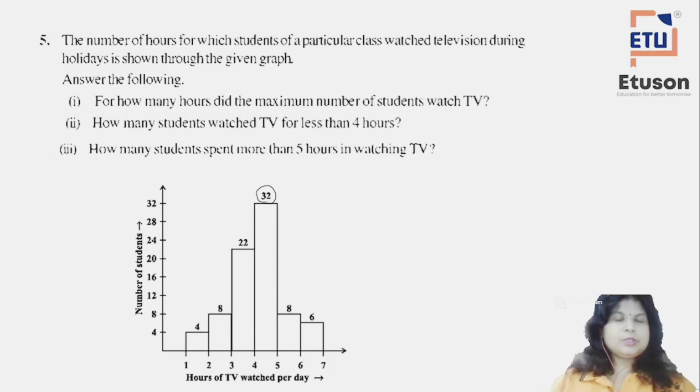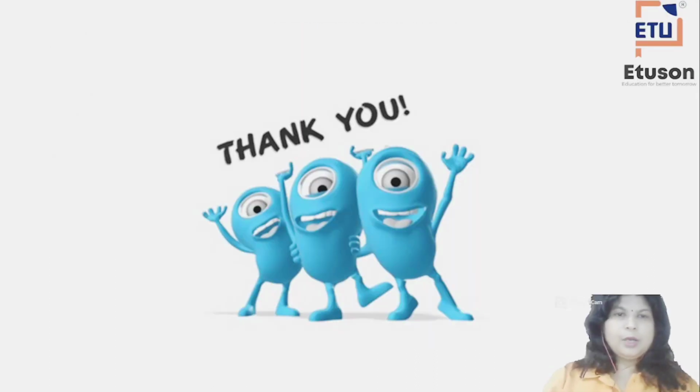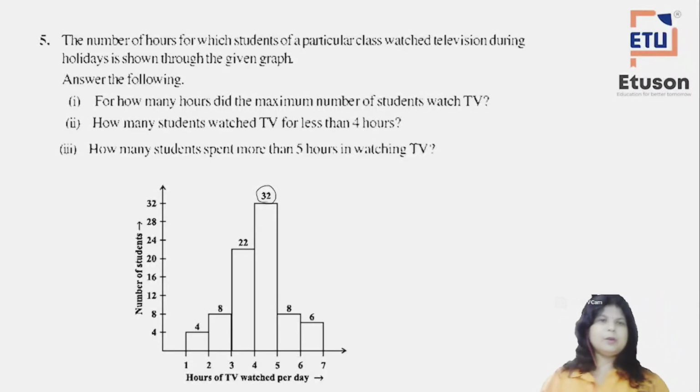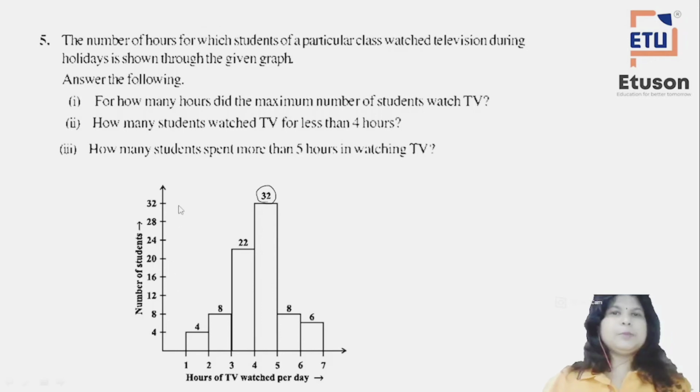So here the histogram is given and you have to find the answer to the given question. The number of hours for which students of a particular class watched television during holidays is shown through the given graph. Answer the following. For how many hours did the maximum number of students watch TV?